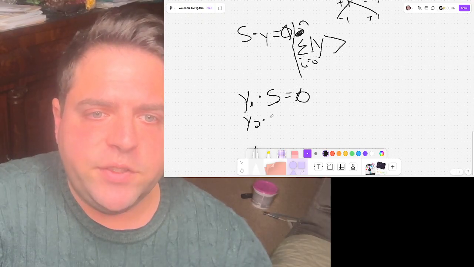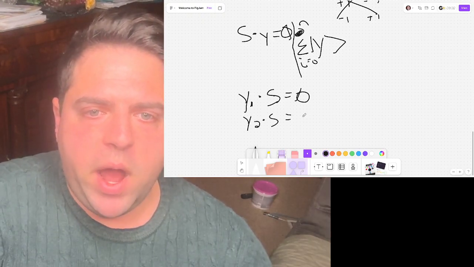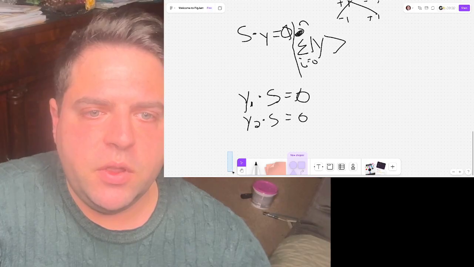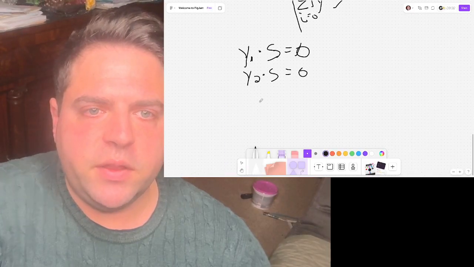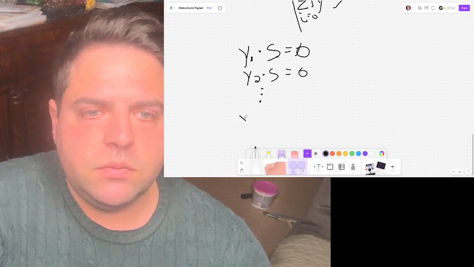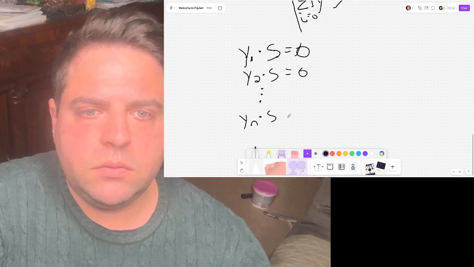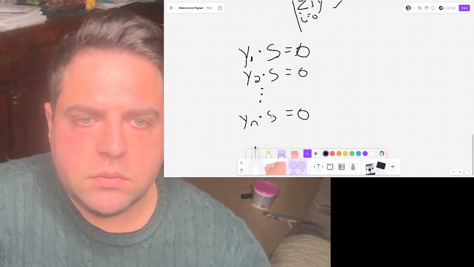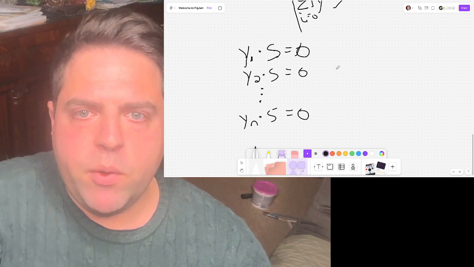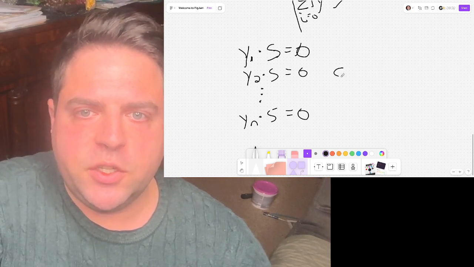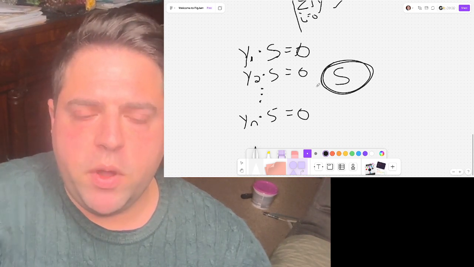So if we do this n times to get n different y's that all have this relationship, we eventually get n equations that look like this. And now we can use something like Gaussian elimination to actually solve for s. That's what we wanted to do.